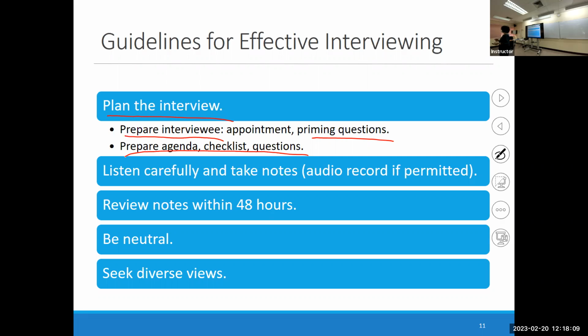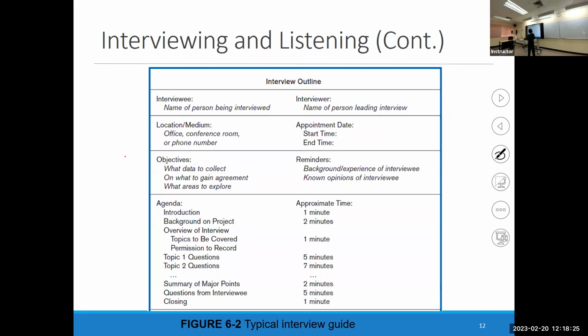And that is not good, because sometimes the most important points are at the end, right? Then the key things at the end you may not be able to get from the interview result. So plan the time for each type of question and manage it.